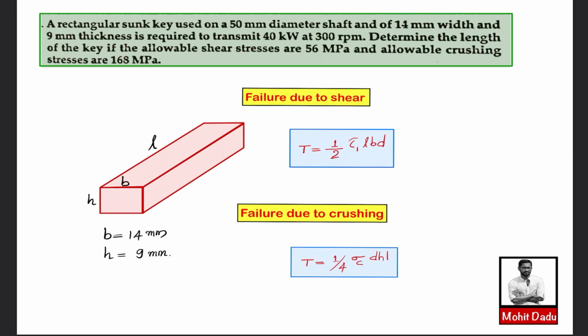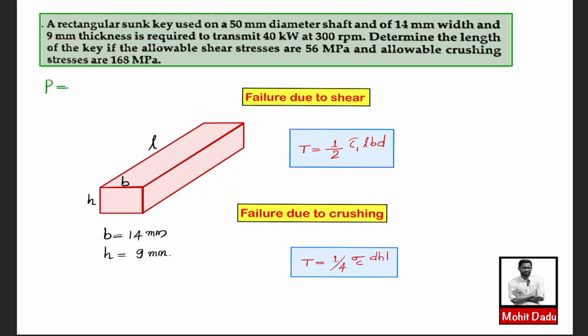So here we have a simple problem for a rectangular key used on a 50 mm diameter shaft. The shaft diameter is 50 mm, the width of the key is 14 mm and the thickness is 9 mm, that is B equal to 14 and H equal to 9 mm, and it is transmitting a power of 40 kilowatt at 300 rpm. From this we will calculate the torque transmitted.